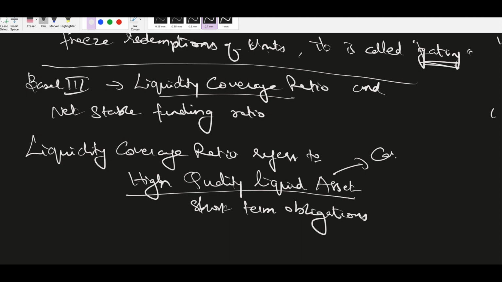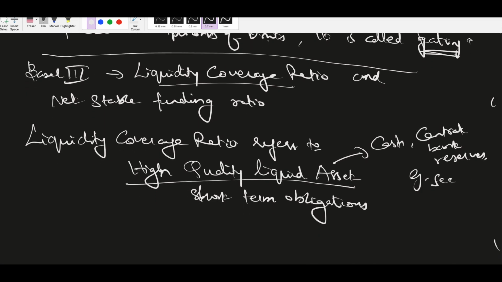It can be cash, central bank reserves that you keep with the central bank, or government securities as well, GSEC. Okay, so this is the liquidity coverage ratio.